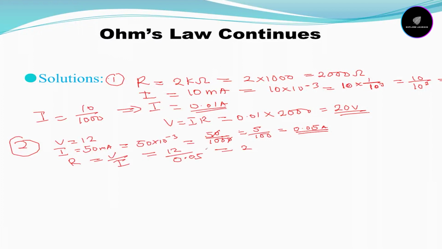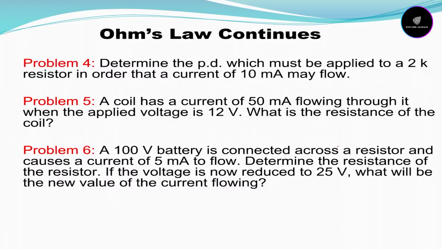If you multiply both sides by 100, you're going to get 1200 divided by 5. So this will give us 240 ohms.